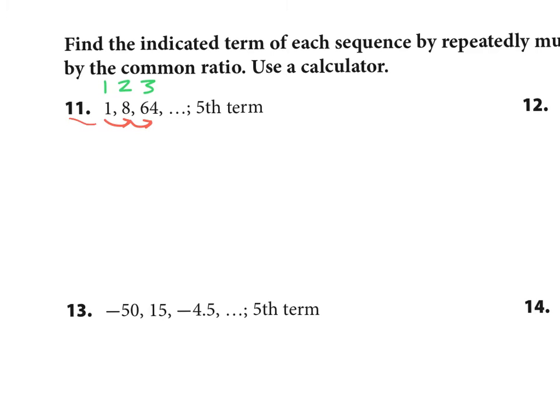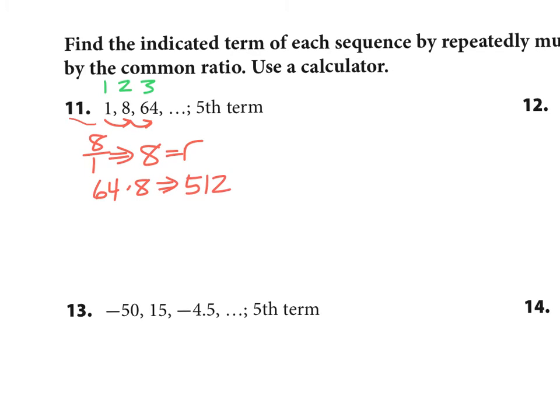Now again, if you don't remember in the lesson, what we did is we said take your second term, divide it by your first term, and that'll tell you what your R is. Okay. So I take 64, and obviously this is why they want you to use a calculator. 64 times 8, if you do that, is what, 512?